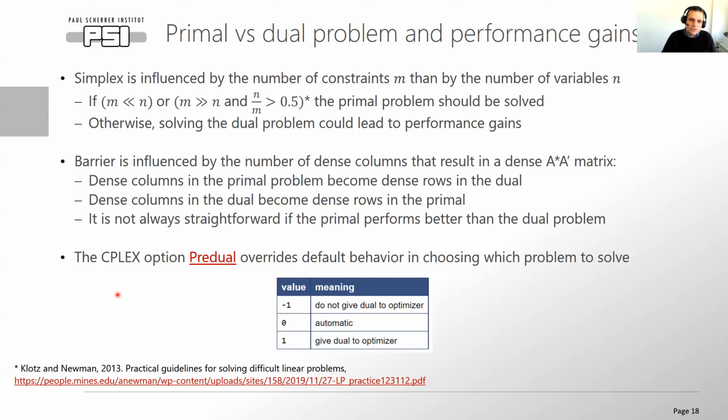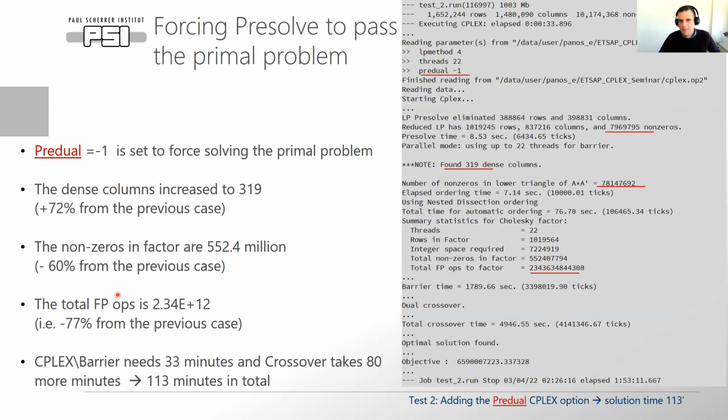The first option we would like to try is to override the default behavior of presolve, which gave the dual to the optimizer, and choose the primal. If I put pre-dual -1 to get the primal, we see that the number of dense columns increased, but the floating point operations to factor are 77% less.